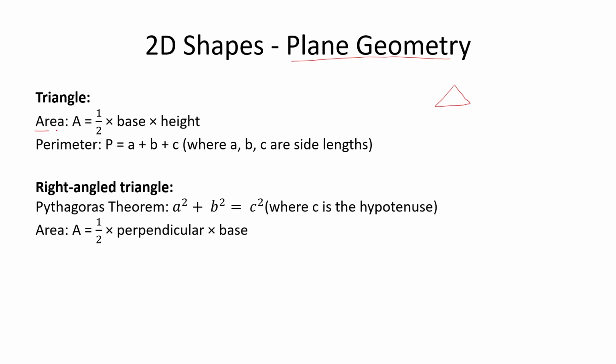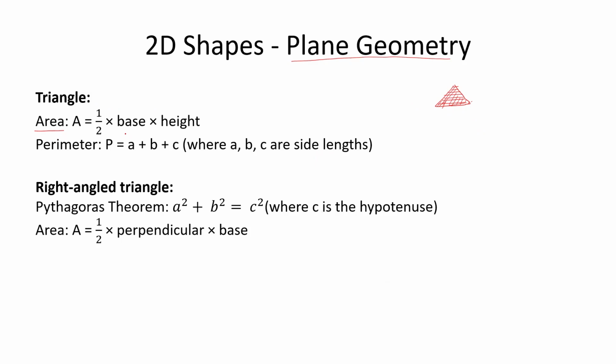What is the area of a triangle? Now, first of all, you should try to understand what is meant by area. Area is the region surrounded by these three lines. So, this shaded region. So, you want to calculate this area. Okay, this is area. Now, this is the definition of area.